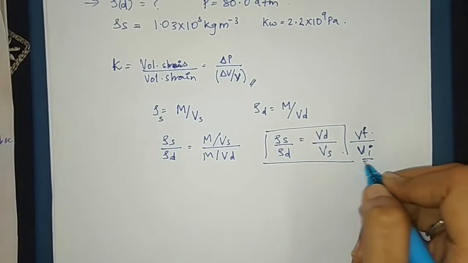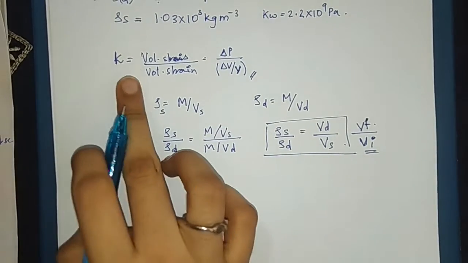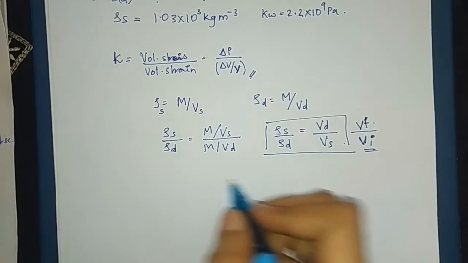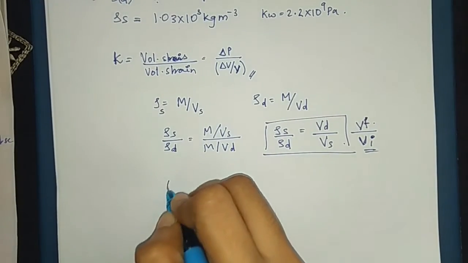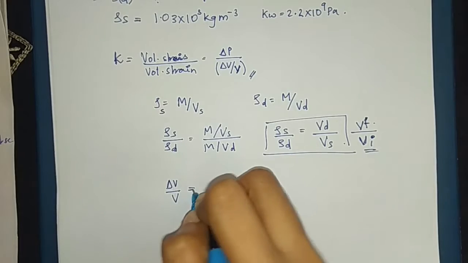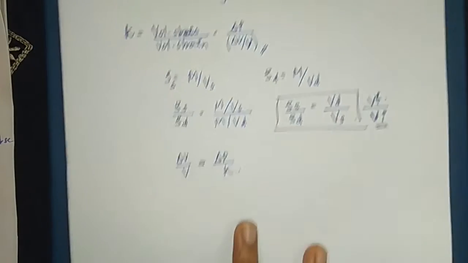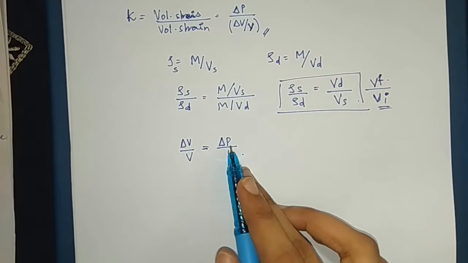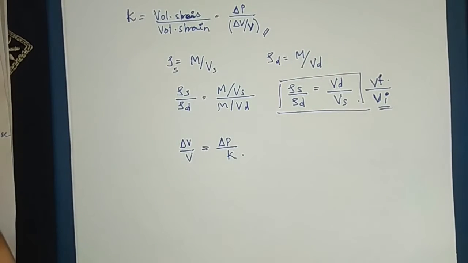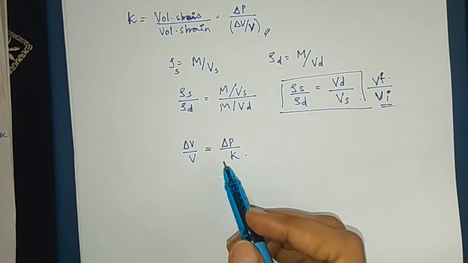Okay, so let's see if we can find this. Directly now we'll go to this formula. From here, delta V by V is delta P by K. Now we have to note that the change in pressure is what we need in the formula, right?